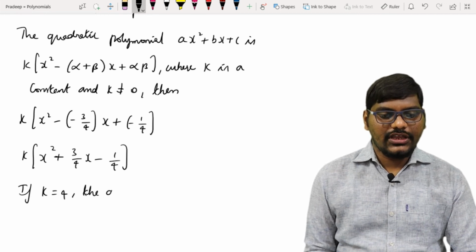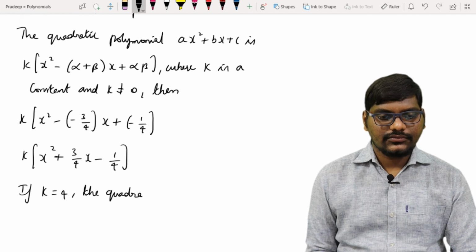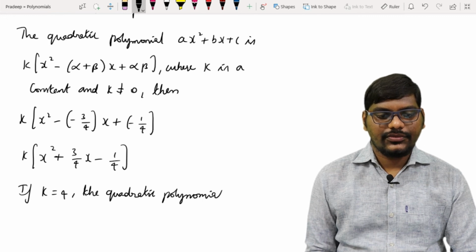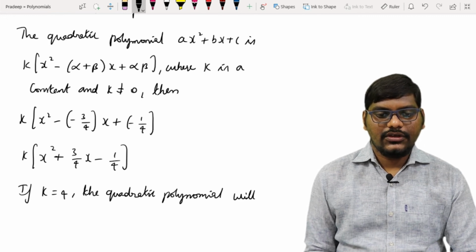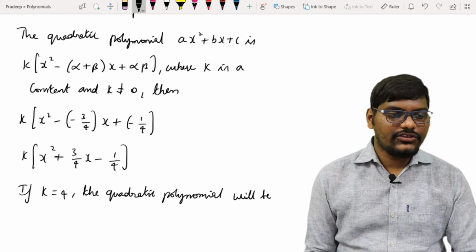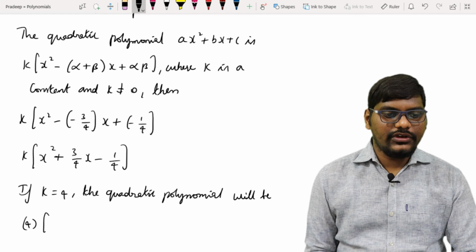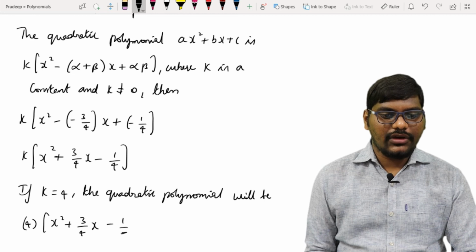So the quadratic polynomial that we will be getting, I'll just substitute 4 in the place of k. So I can write 4 into x square plus 3 by 4 x minus 1 by 4.